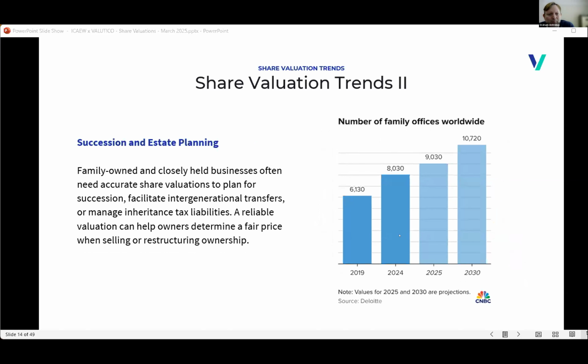And I think the point to make here is that a well-supported valuation helps business owners to set a fair price for shares, ensuring that succession plans are financially viable and equitable. And it also plays a crucial role in managing inheritance tax liabilities, allowing for better financial planning and also minimising potential disputes amongst heirs. So those have been two major trends.